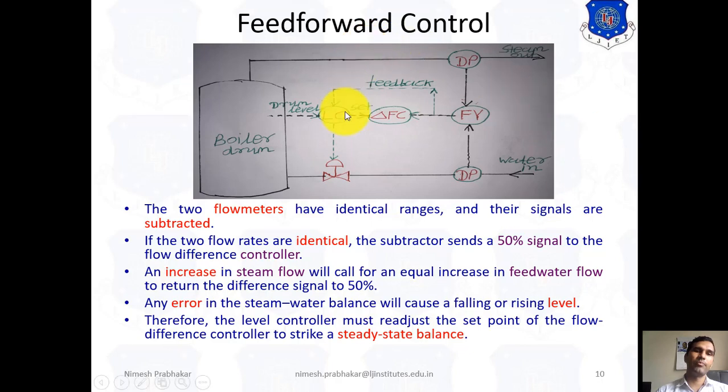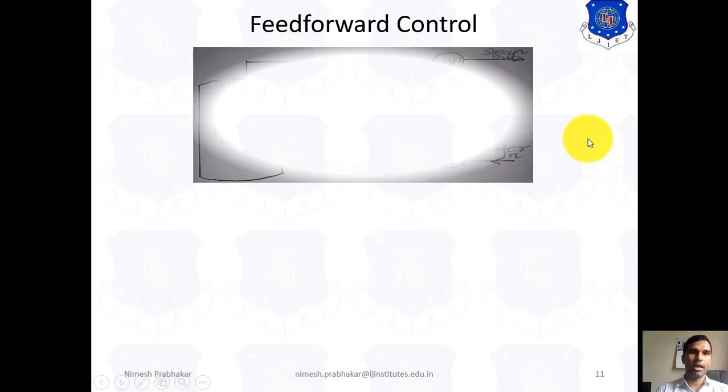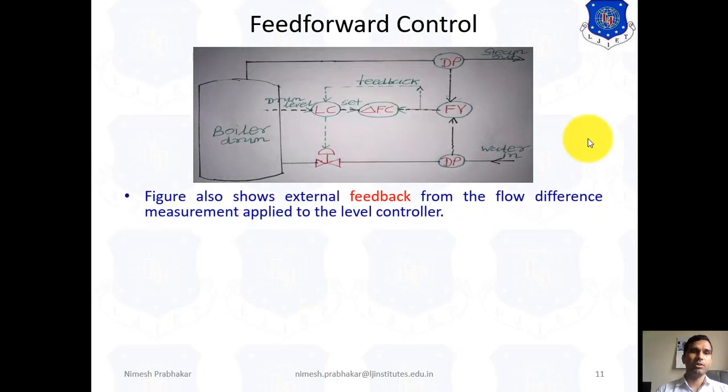That means the level controller reads the set point of this flow difference controller and tries to control the level of water inside this tank by opening or closing this valve. So this is a feed water control system, and here the figure also shows the external feedback.